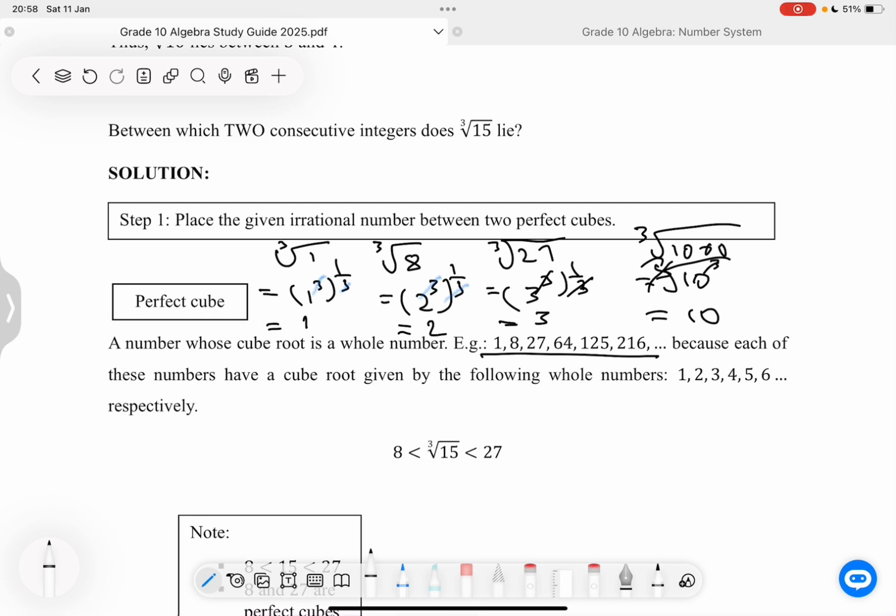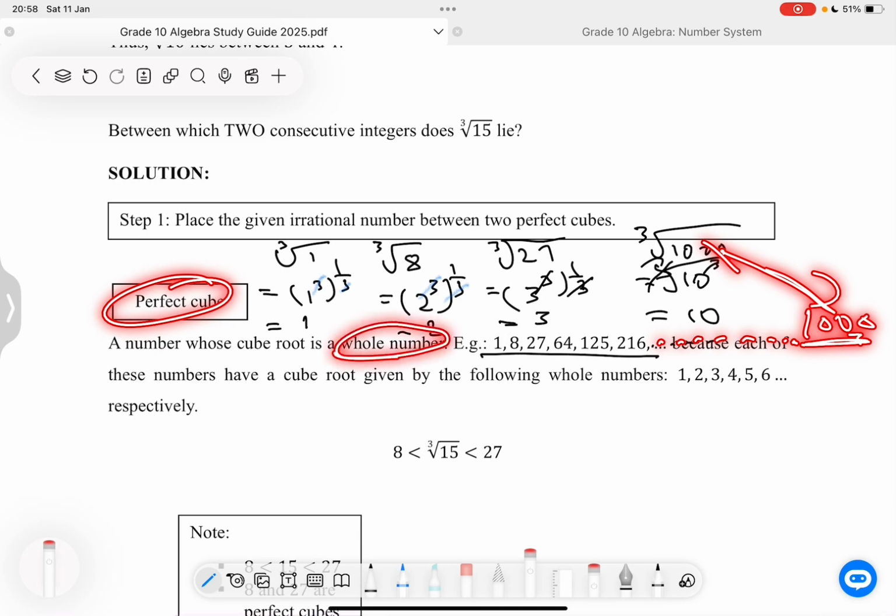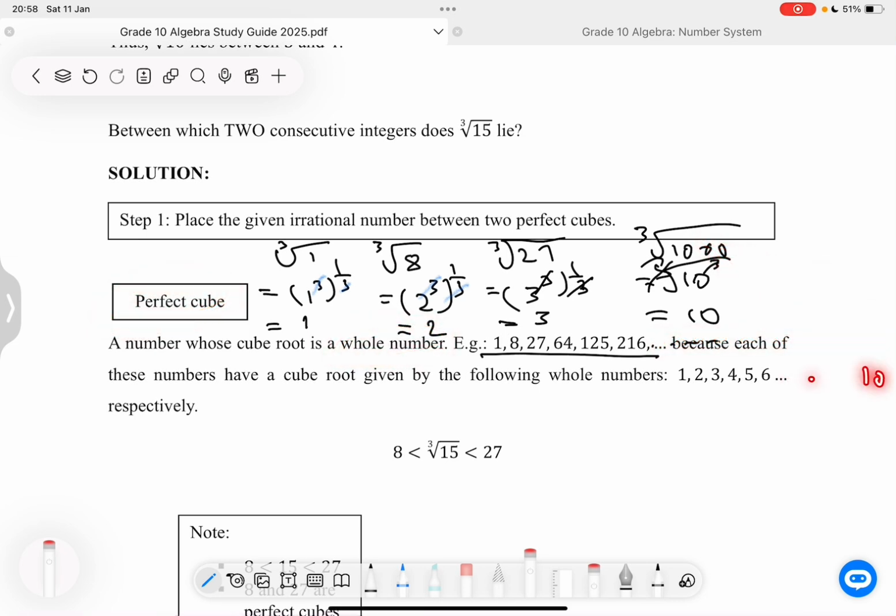Then it means that 1,000 must be a perfect cube, because when I take the cubic root of 1,000, it gives me a whole number, 10.